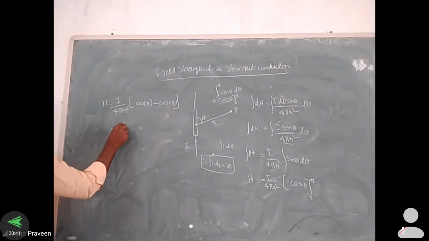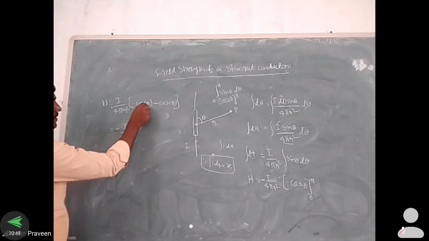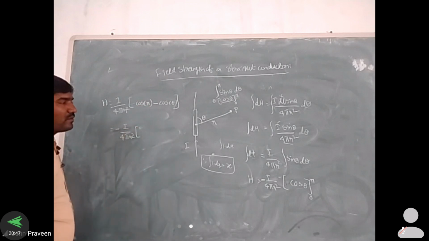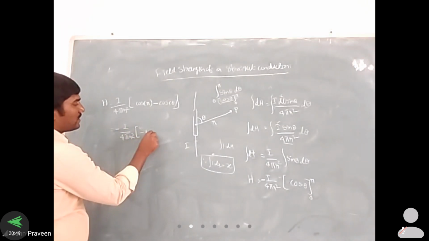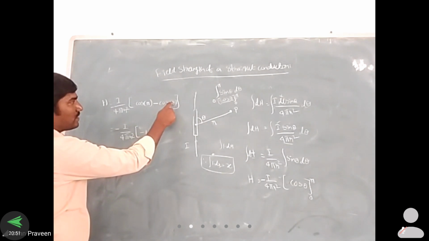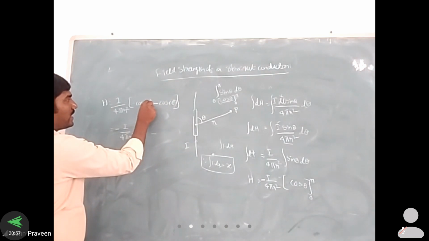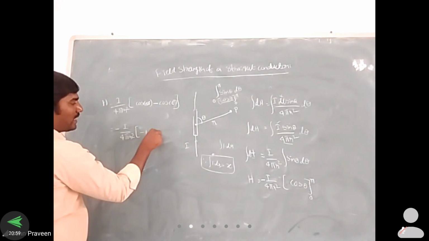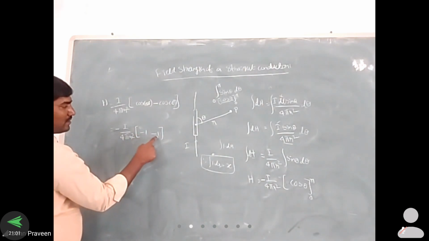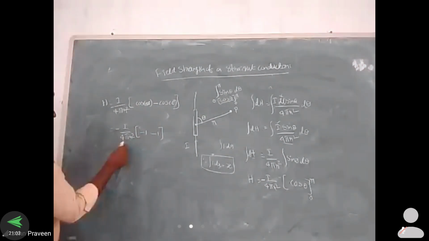Cos pi, that is cos 180, is minus 1, and cos 0 is 1. Here theta equals 0 degrees, and pi is nothing but 180 degrees. So minus 1 minus 1 is minus 2.